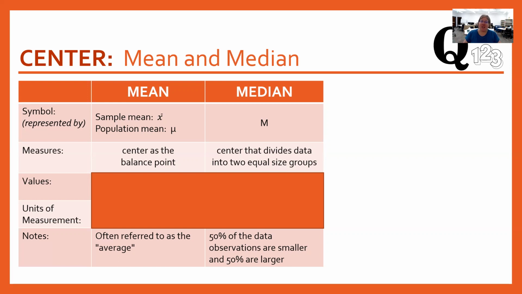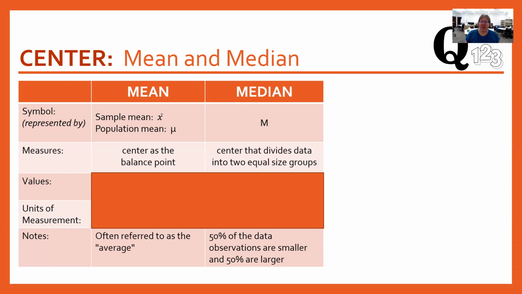Now the mean actually has two different symbols, and it's going to depend on how you calculated the mean as to which one you're going to use. So suppose you're interested in the average height of people in Colorado. If we were actually able to get the height of every single person in Colorado and average them, that would be our population mean. And that's going to be represented by the Greek letter mu. So that's a U with kind of a long tail on the left side.